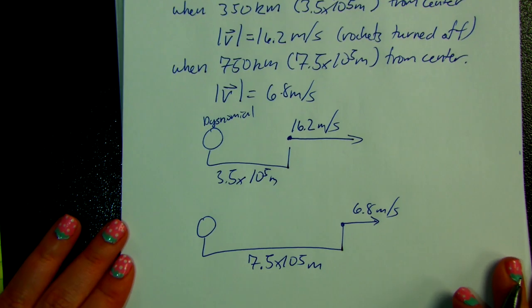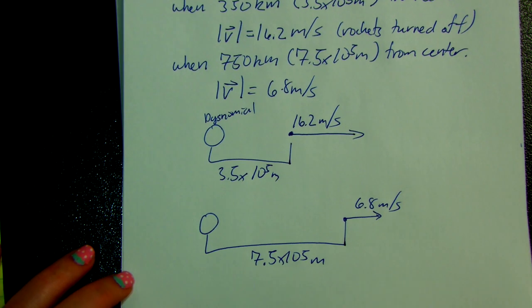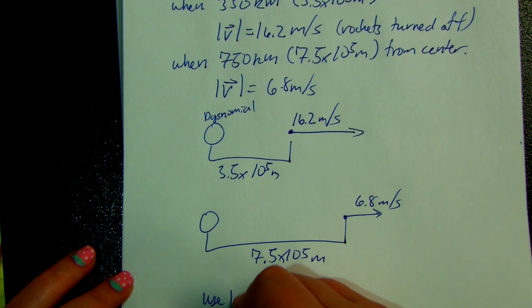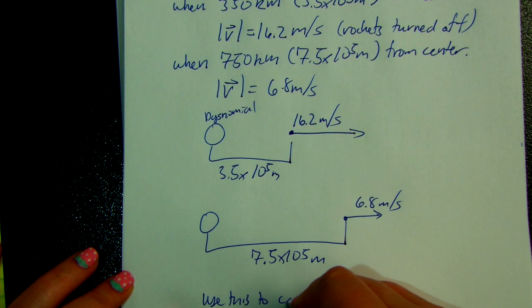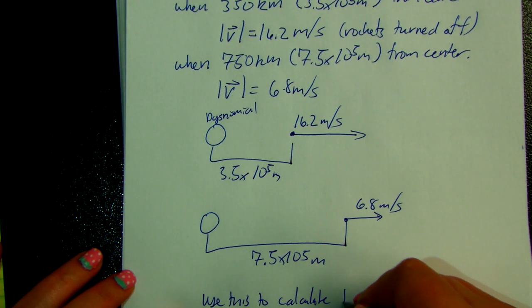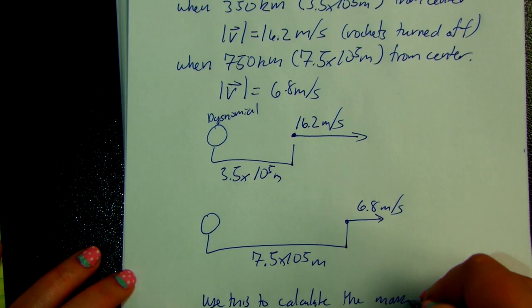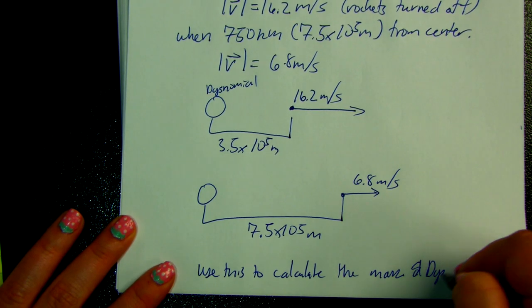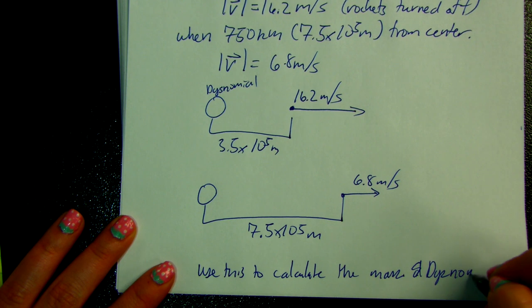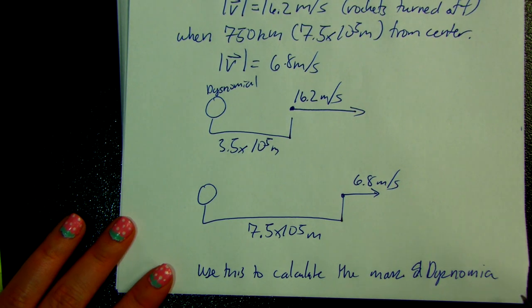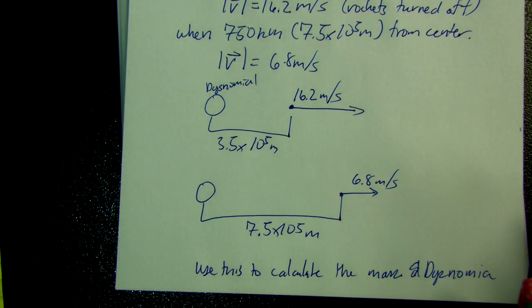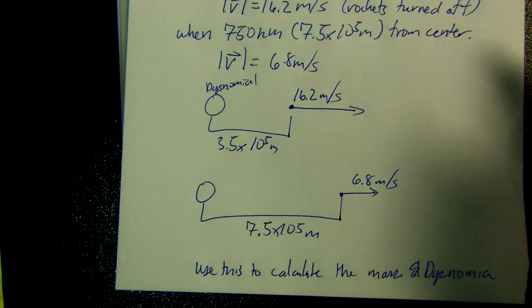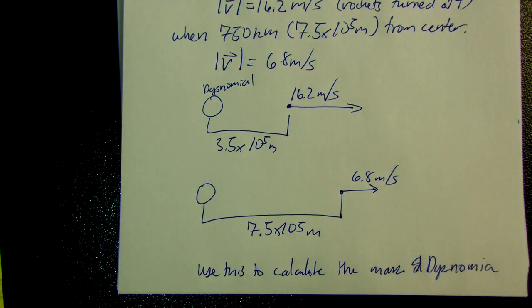So this is the situation we're analyzing, and we want to use this to calculate the mass of Dysnomia. And I will tell you, these numbers are approximate. It's within the margin of error of Dysnomia's mass, but there's a pretty big margin of error on Dysnomia's mass at the moment. Okay, so this is the situation that we're dealing with.